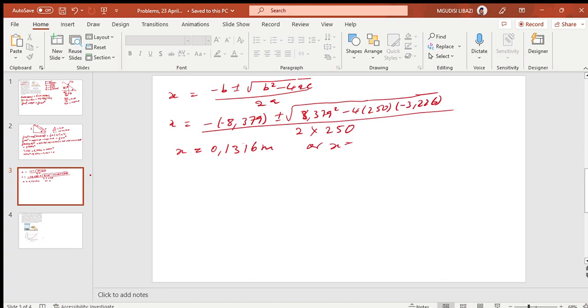Or x is equal to, when I use the negative sign there, I get negative 0.098, and of course the distance cannot be negative, therefore our x should be 0.1316 meters. If we multiply that by 1000, that's going to be 131.6 millimeters. So that is the distance that we get.